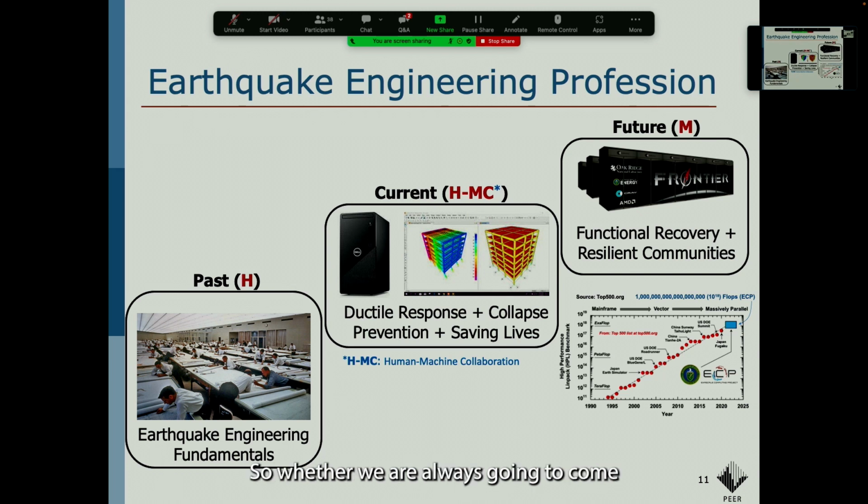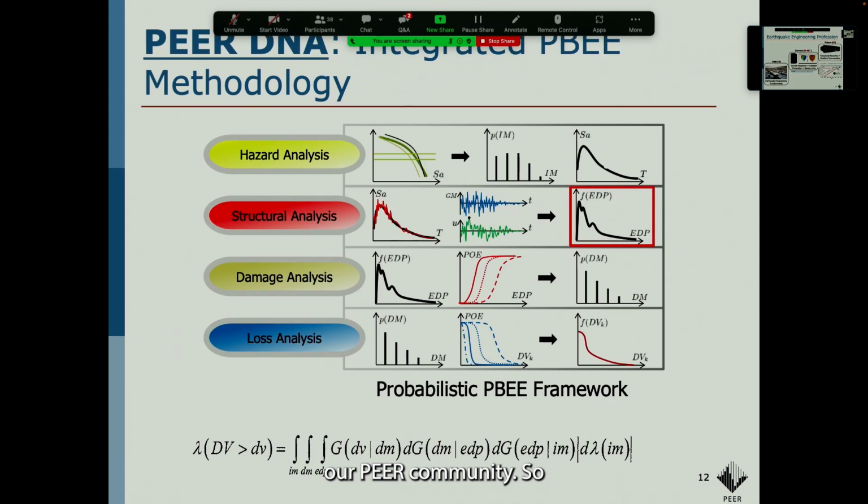Whether we're going to come at the end of work done by Lawrence Berkeley Lab or Lawrence Livermore, or we could be part of this large-scale simulation, we need to be there. And that's why we are very excited about this work, to include such a database within the PEER and make it available to our PEER community.